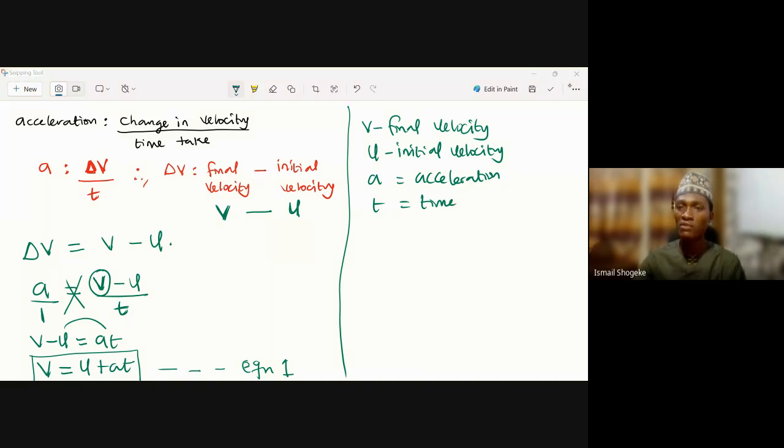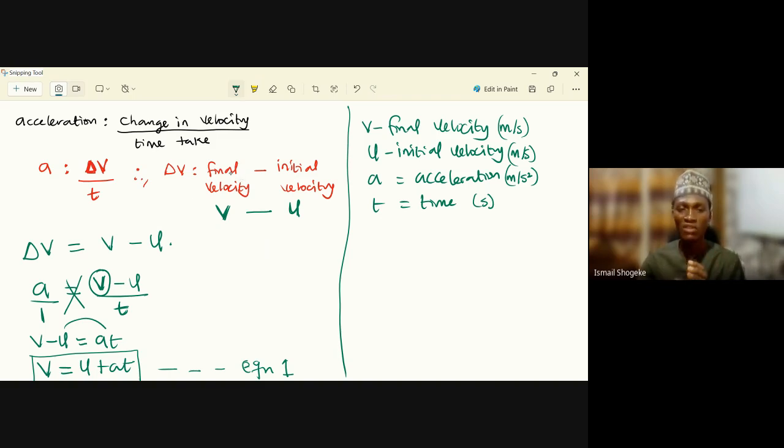When we say final velocity, the unit is meters per second. Initial velocity is as well meters per second. Acceleration is meters per second squared. Time is in seconds. So this is clear, and we can move to the second equation of motion.